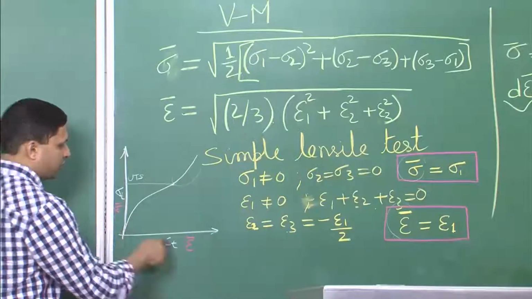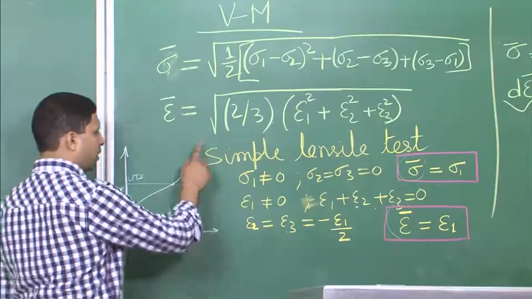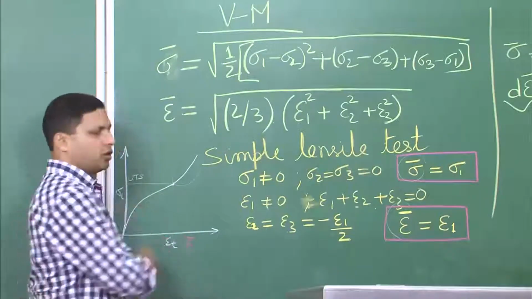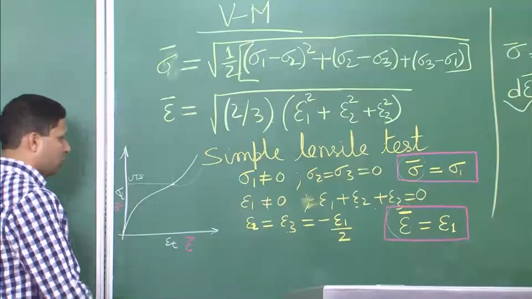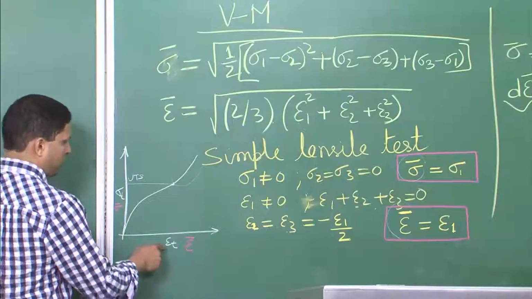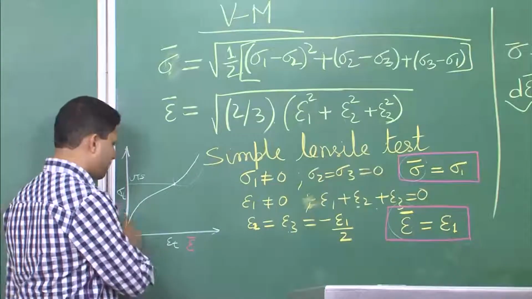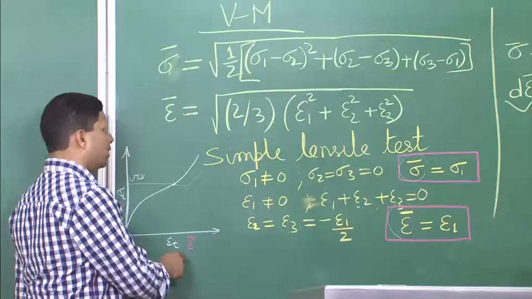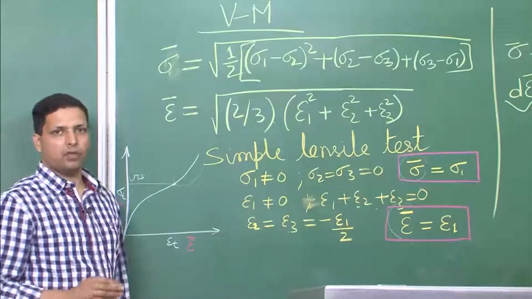So the effective stress and the effective strain plot would be exactly same as that you obtain by uniaxial tensile test. So the sigma true, epsilon true for a uniaxial tensile is same as the sigma bar, or the sigma effective, and strain effective for any kind of deformation.